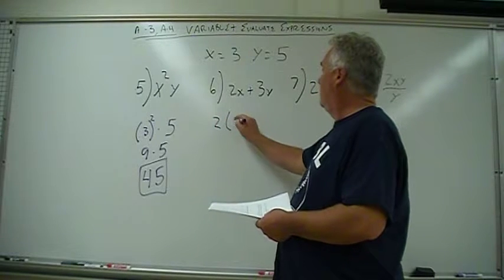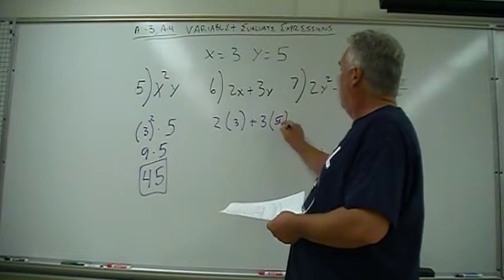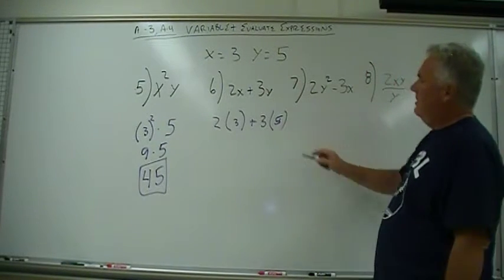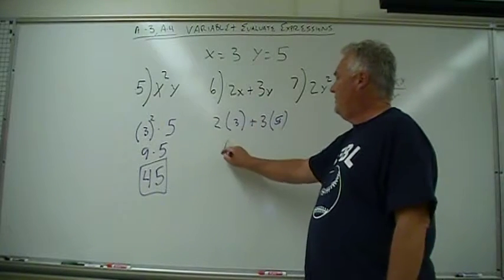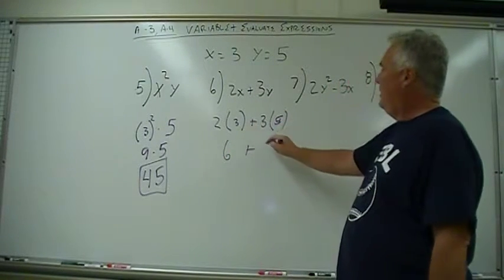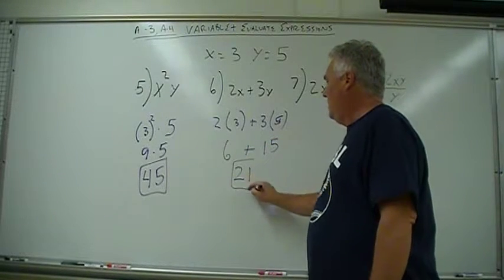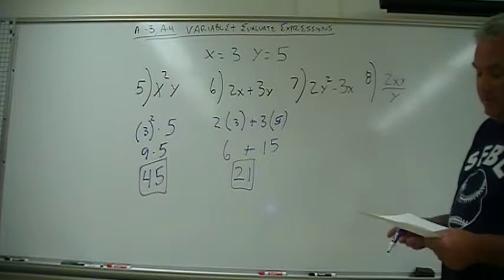2x plus 3y. Substituting in. So now we can multiply like this. 2 times 3 is 6. 3 times 5 is 15. So we get 21 following that substitution.